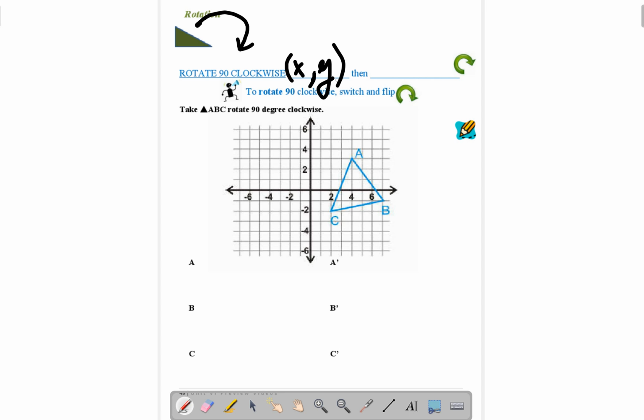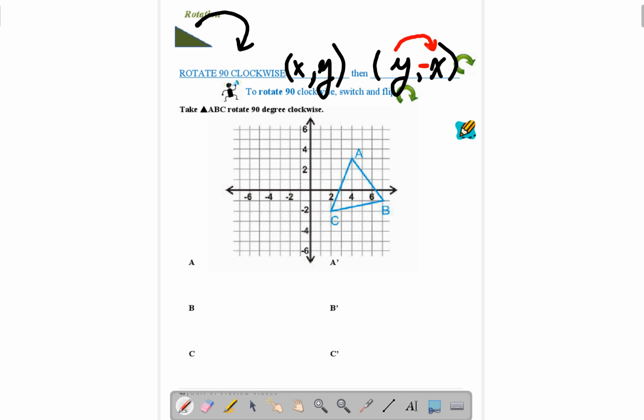To rotate 90 clockwise, you switch the order and you flip the sign going clockwise, which is just to the right.